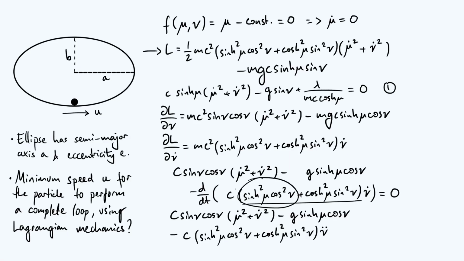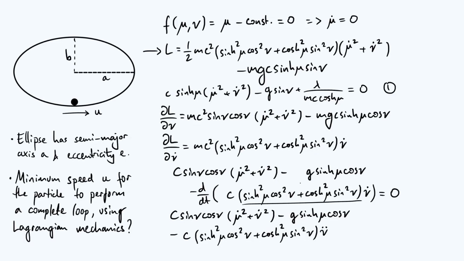I'm not writing this down because we've already done some similar stuff earlier, so I'm trying to go a little bit more quickly. So overall, from that first bit, you've got minus 2 sine squared mu cos nu sine nu times nu dot. From the second bit, your cos squared mu, again, is constant, that doesn't change. If you differentiate the sine squared, you're going to overall get 2 cos squared mu sine nu cos nu times nu dot.